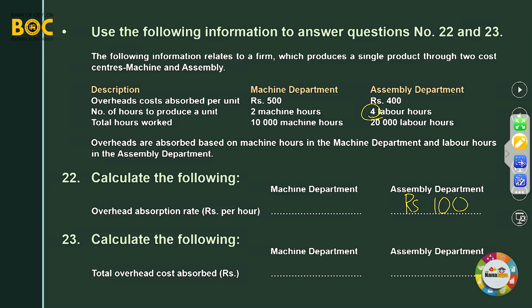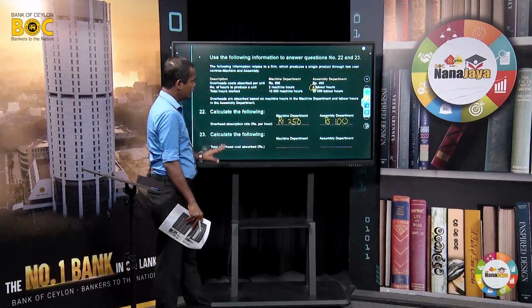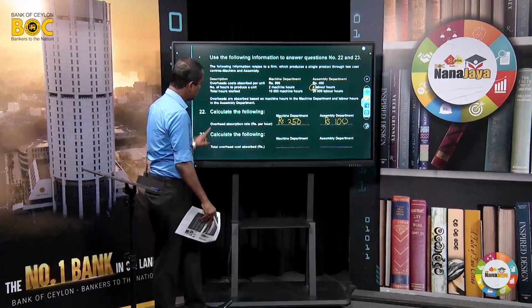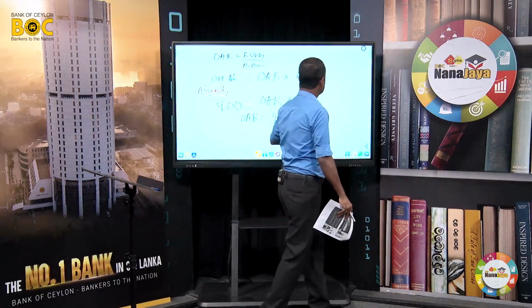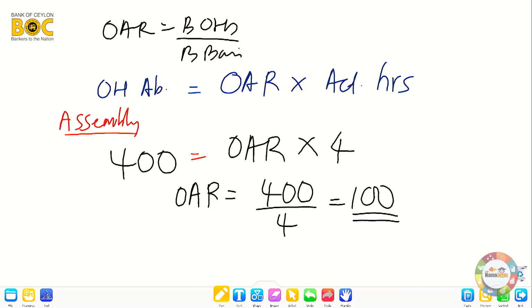In the previous discussion you got 250 rupees. The absorption rate we calculated using what? Overhead absorbed equals absorption rate into hours required.